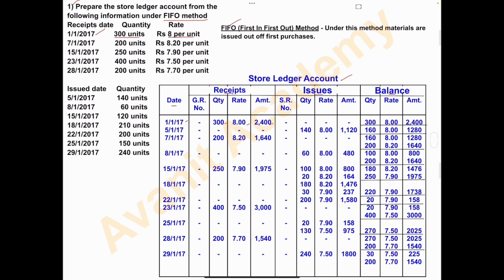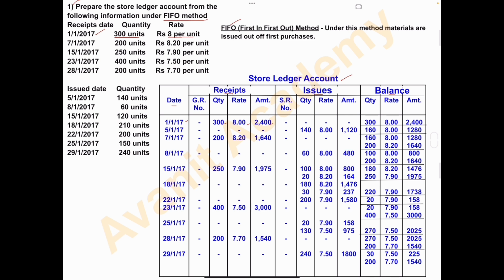So write all the 4 columns of issues, nil. In balance, write 300, number of units is quantity 300, rate per unit same. So whatever we have written here in receipts, the same information we will write in balance. So write 300 at the rate 8 and the amount is 2400.